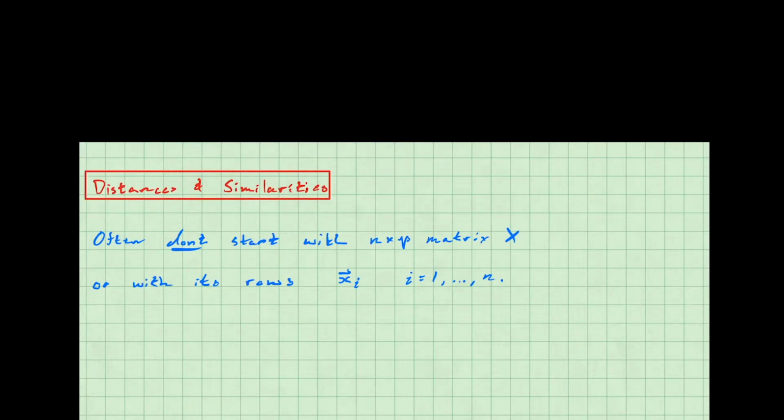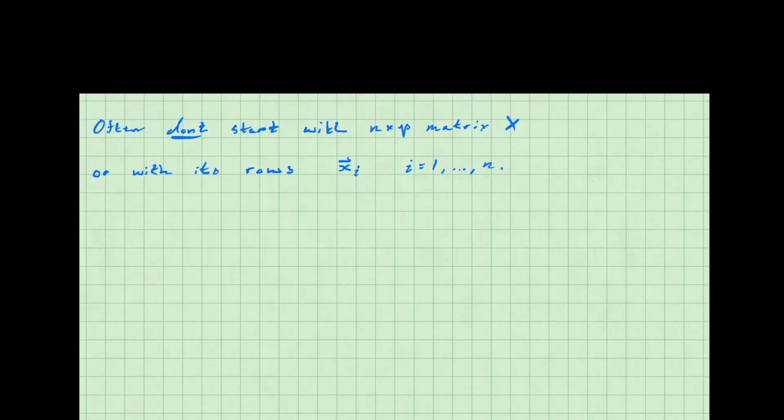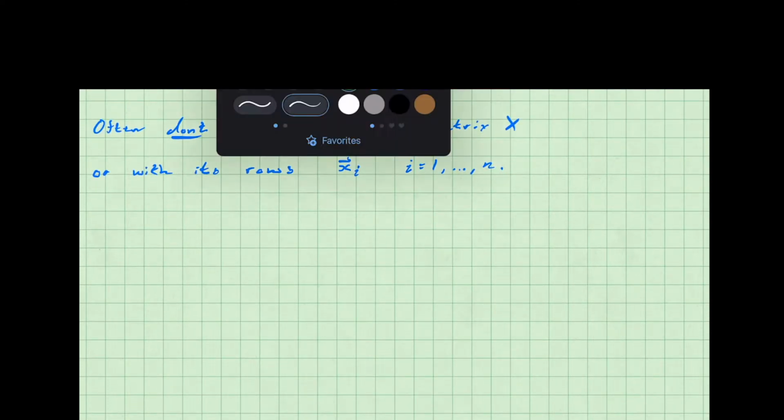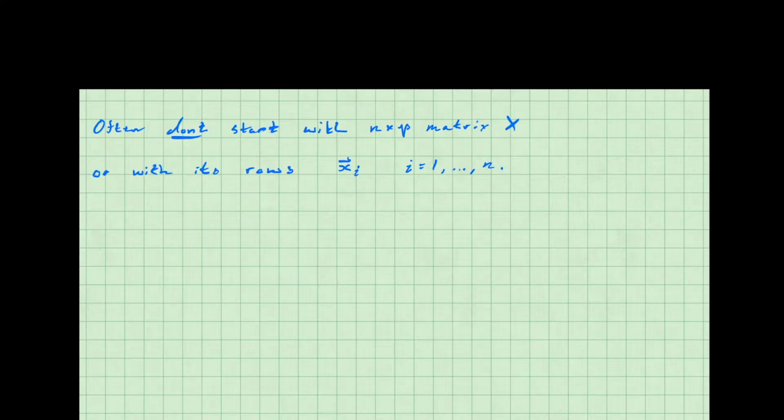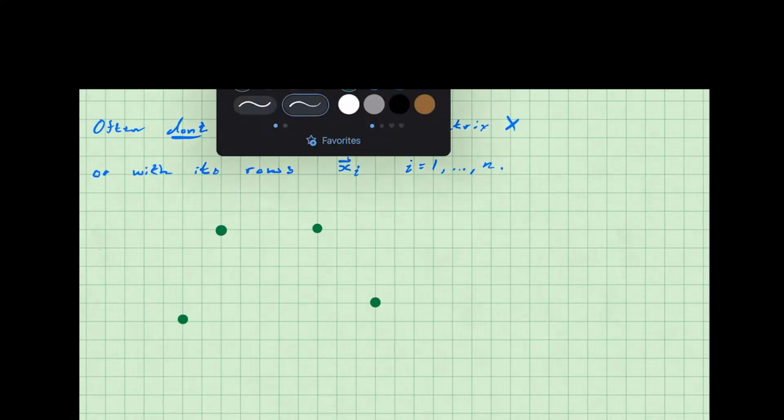So let me draw a picture here of what I mean by this. I'm going to draw a picture in p-dimensional space, right? So let's draw 4 different observations. So there's 1, and so we'll name these guys.